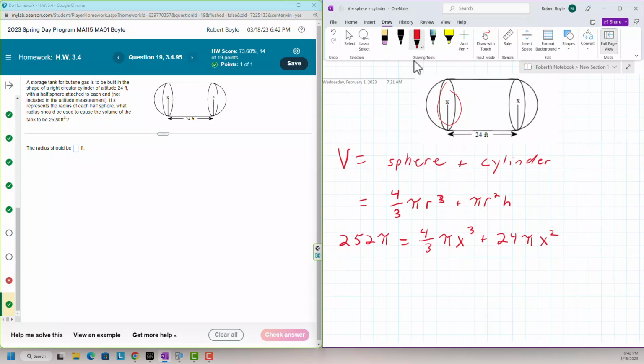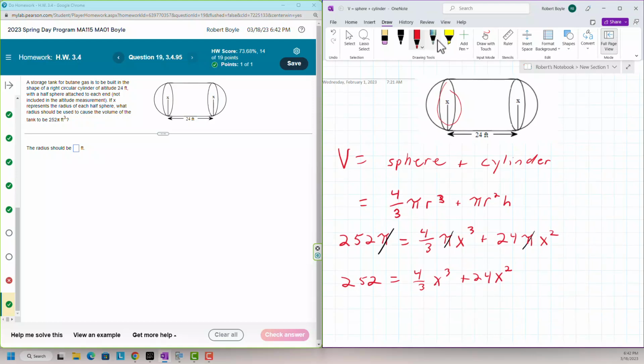Okay, so notice that each term has a pi in it. So the pi's will actually divide out. So they're gone. Okay, and that will give us 252 is equal to 4/3 x cubed plus 24 x squared.